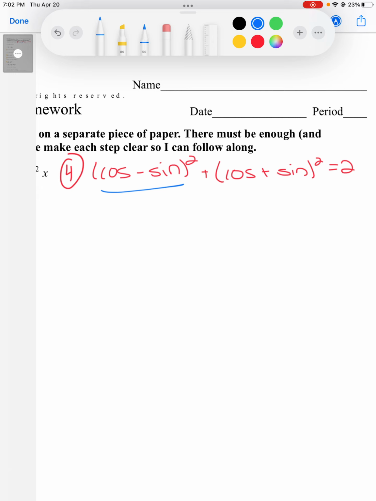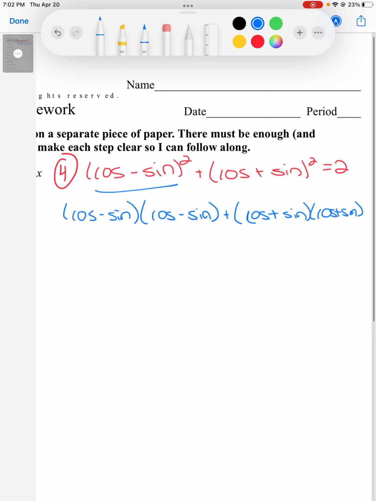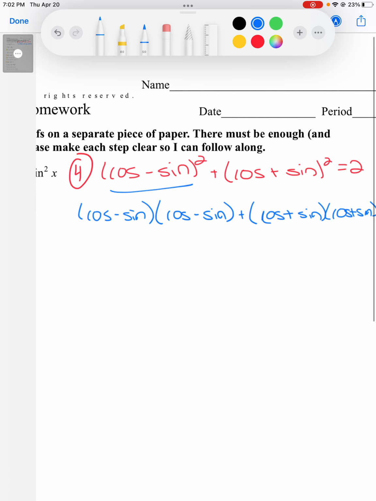So you'll have cosine minus sine times cosine minus sine plus cosine plus sine times cosine plus sine equals 2. Okay, so we have to distribute.